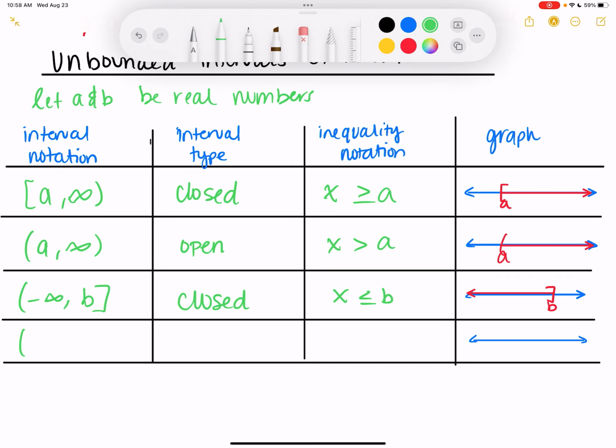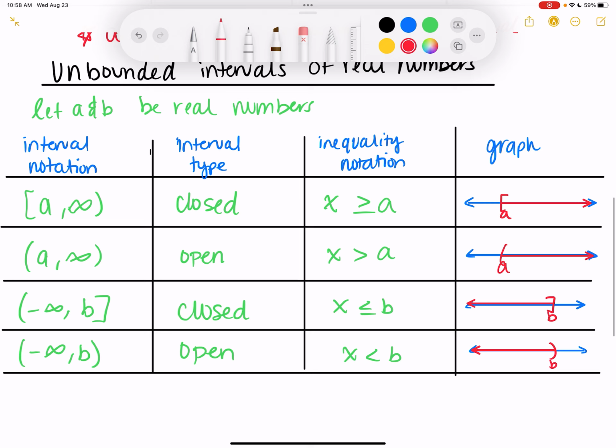And then we have negative infinity to b on the open interval. So it's going to be open, and x is less than b. And so we just have a parentheses at b this time, going toward negative infinity. So each has exactly one endpoint.